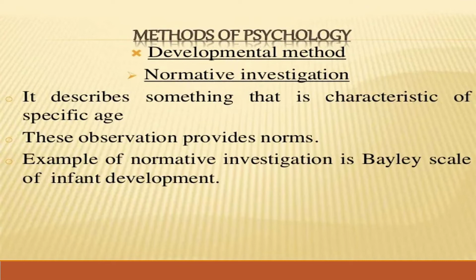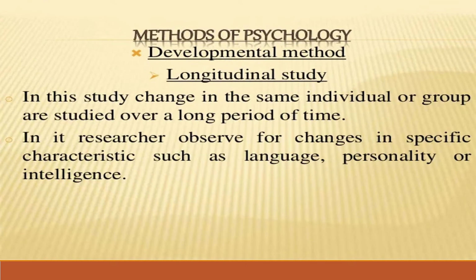An example of normative investigation is the Bayley Scale of Infant Development. How the infant develops, how we can assess and measure them, for example how much the infant has developed before 6 months and after 6 months, how we can measure it, is known as normative.